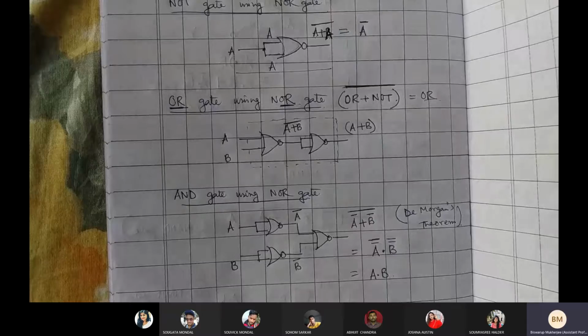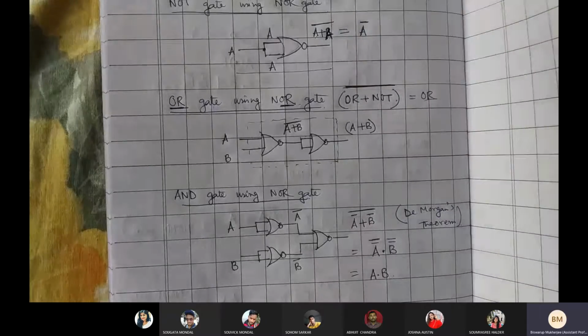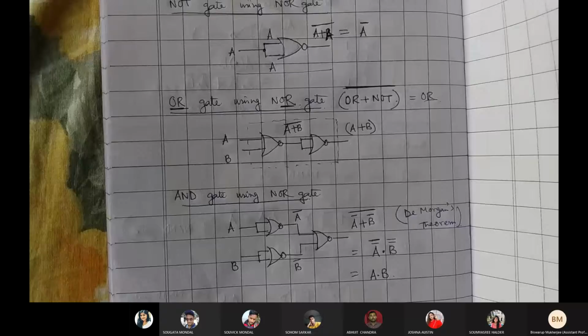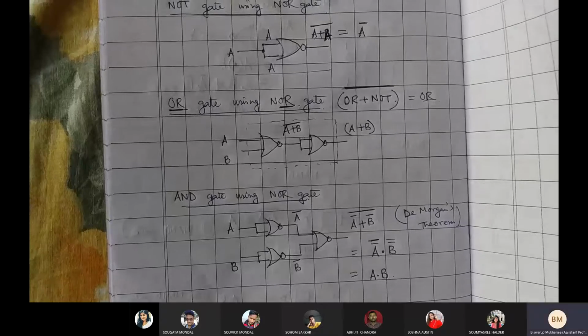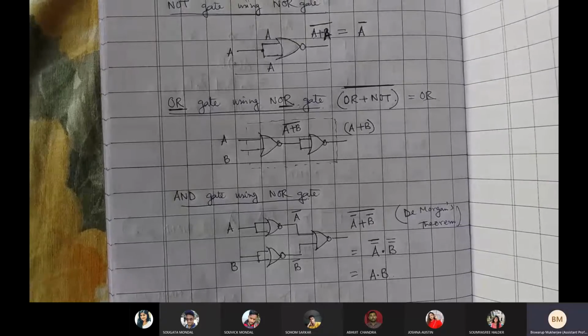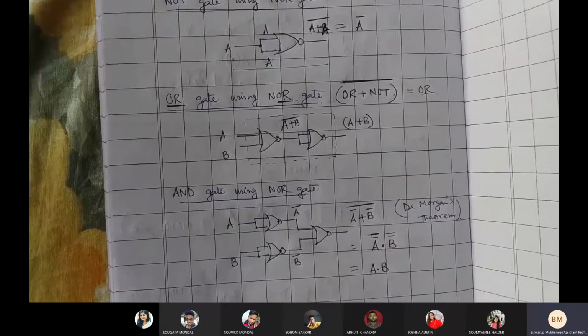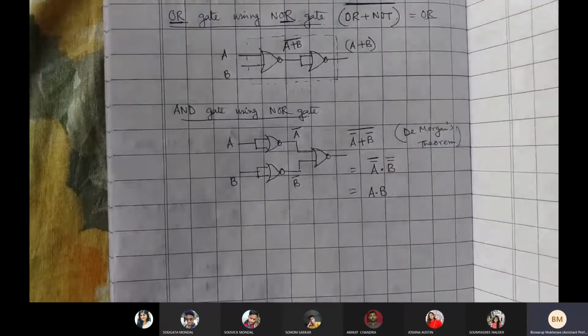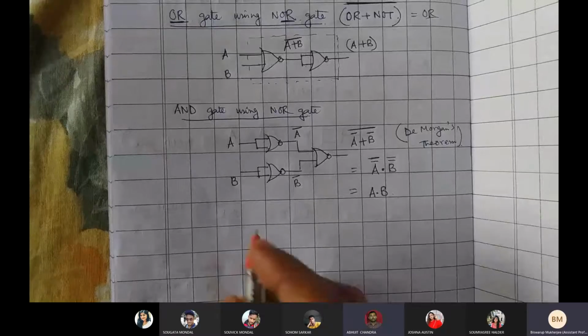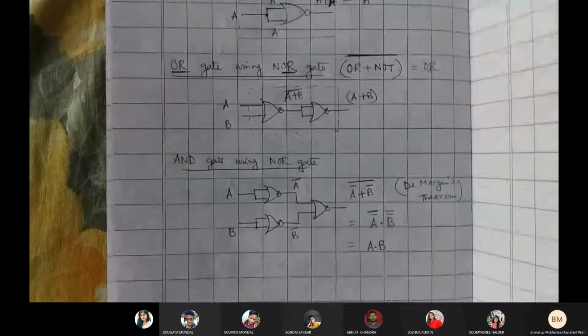Okay. So this is how we can implement all the basic gates using the NAND gates and NOR gates, the universal gates. Now, before we go to the next two exclusive gates implementation, let us first find out what De Morgan's theorem is. So please wait a minute. I will copy it.